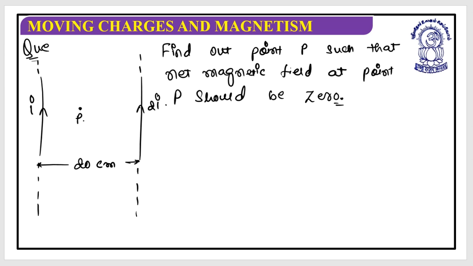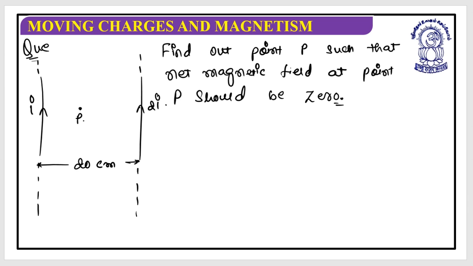So how could you do this? Take your time. How should you do this so that the net magnetic field at point P should be 0? What can be done?